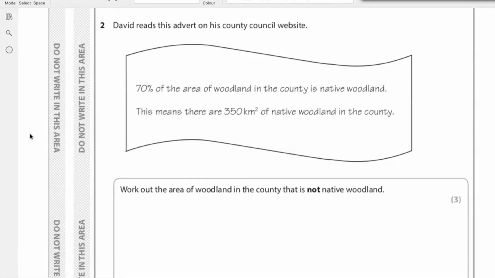Work out the area of woodland in the county that is not native woodland. First, we know that 70% of the area is native woodland. The total area is 350 kilometers squared. And 30% is not native woodland. This is how we work it out.